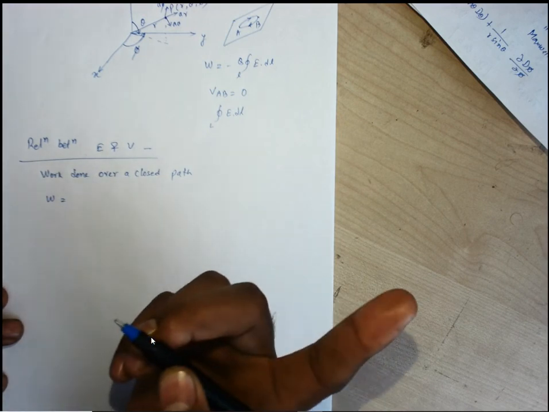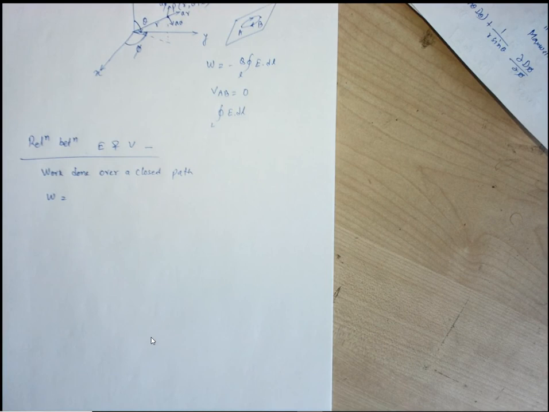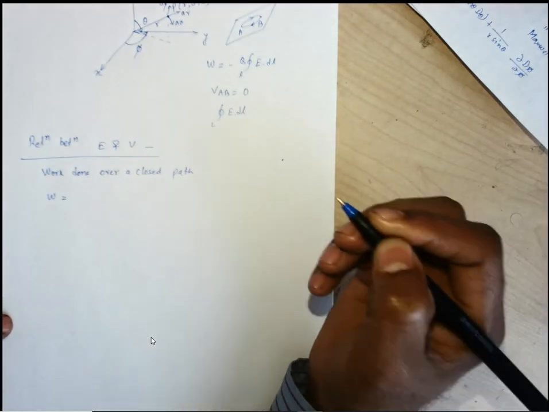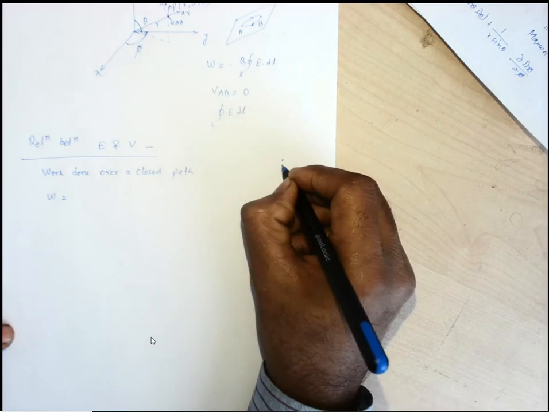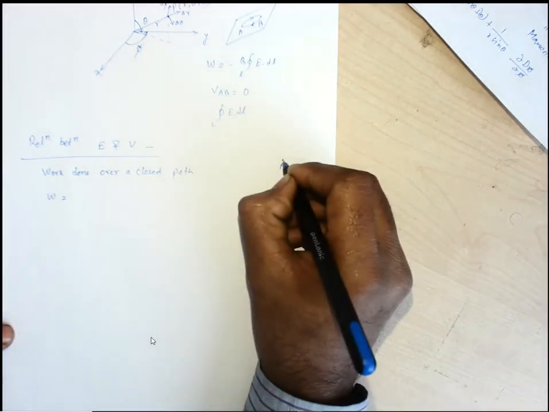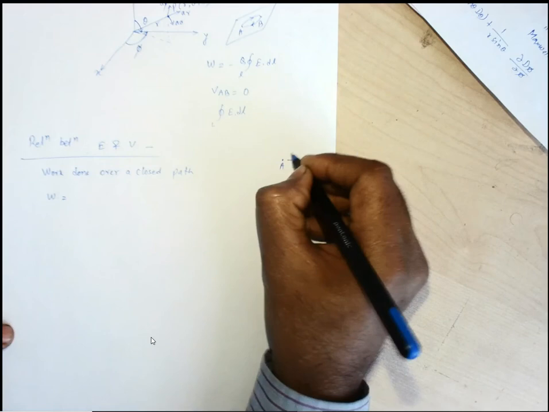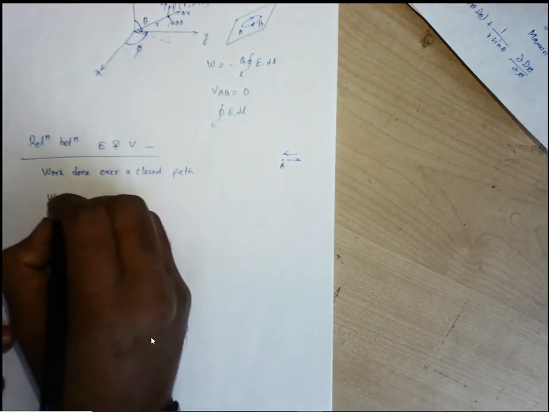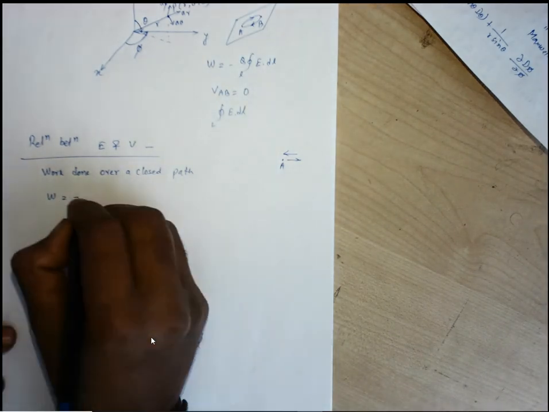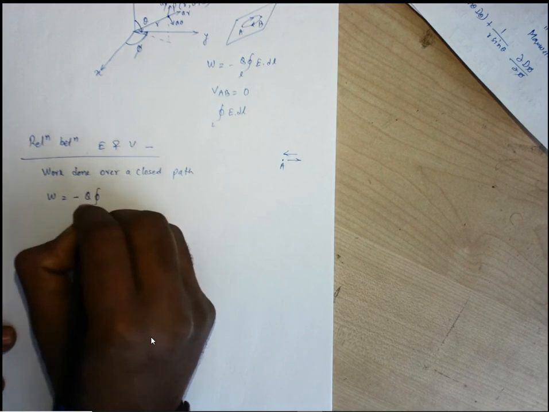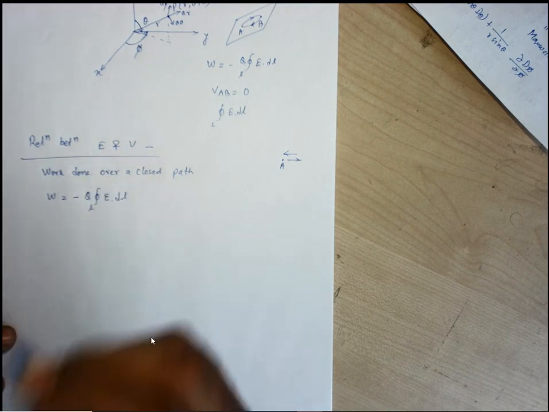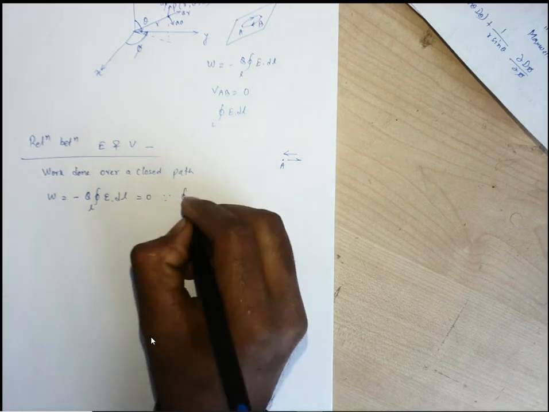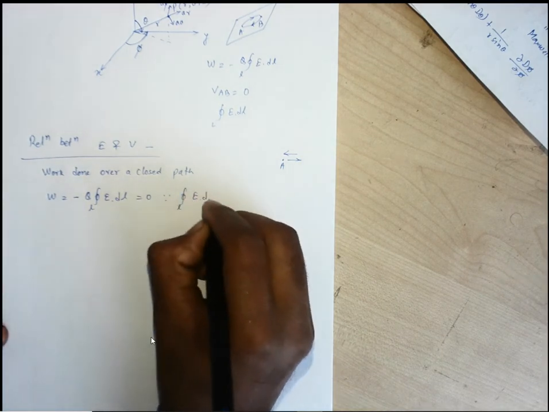To keep a charge in the same static position at this location A, if the force acts in this direction, we need to do the work in the opposite direction. So it is minus q closed line integral E dot dl, which equals 0, since E dot dl is 0.